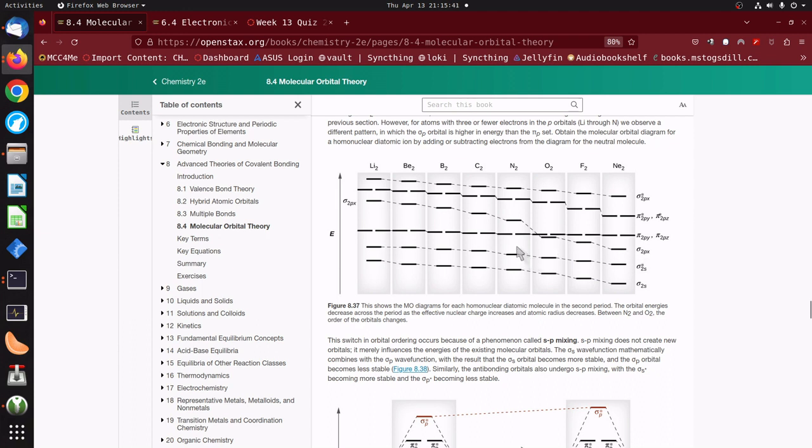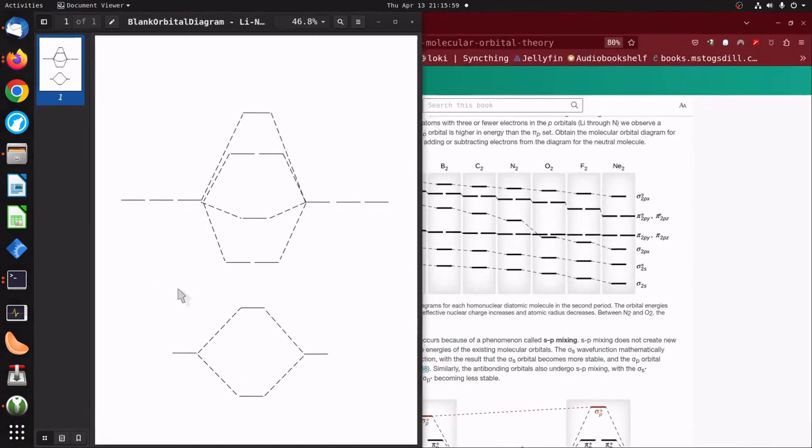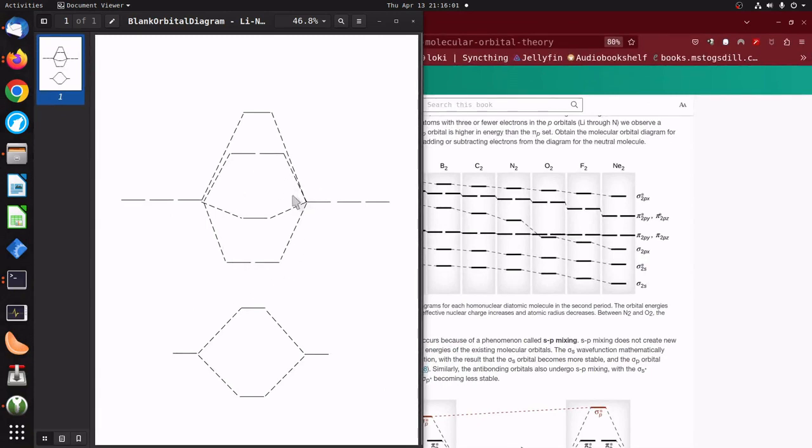So if we're doing a molecule that is smaller than oxygen, we need to be using one that has this sigma orbital higher up here, i.e. this guy right here.